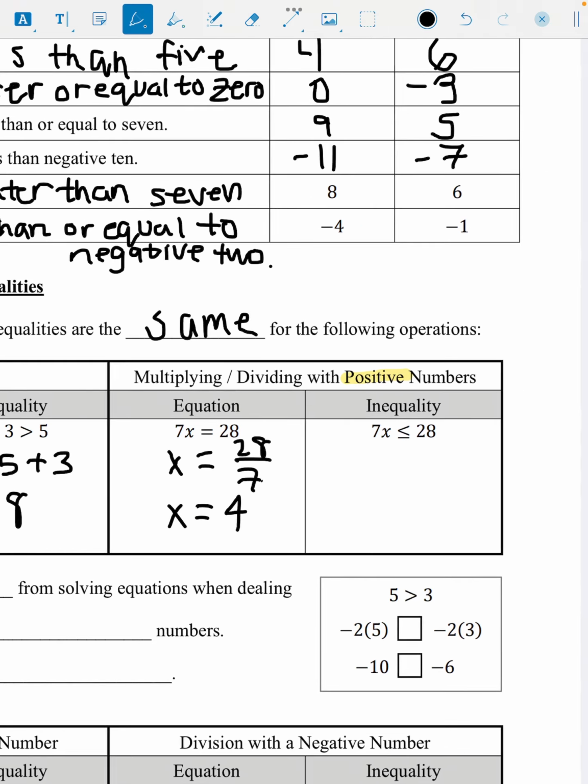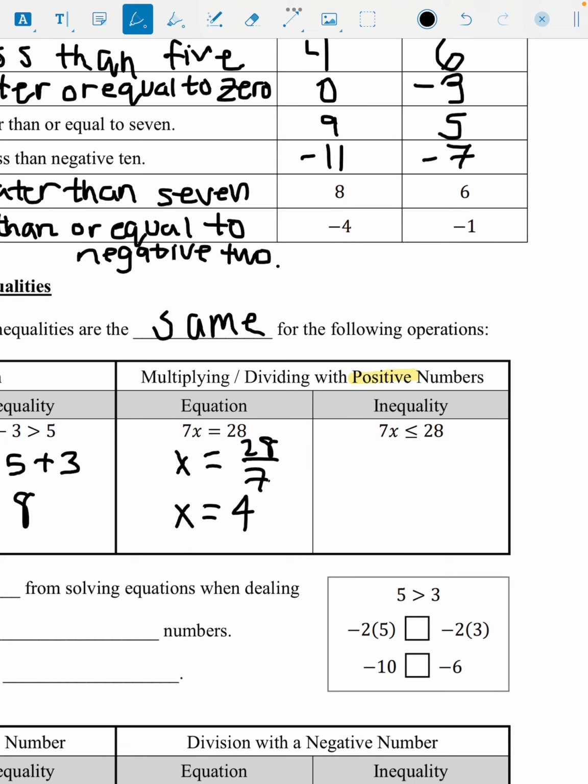When we look at the inequality, the steps should be the same, so that means that x is less than or equal to 28 divided by 7, which means that x is less than or equal to 4.